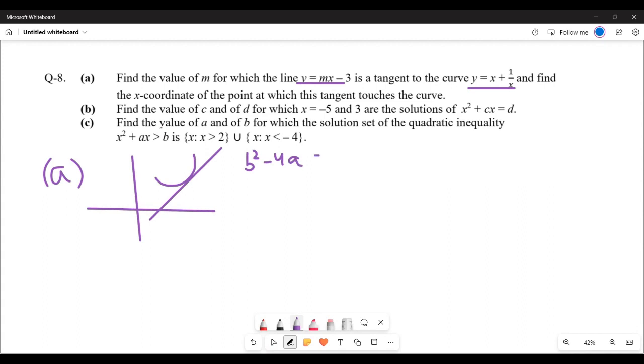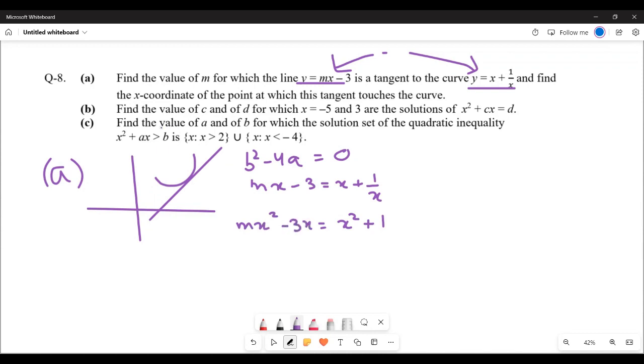Yes. Okay. So let's merge these two equations. We're going to equate them: mx minus 3 equals x plus 1 by x. So x square plus 1. I'm sending x to the other side, mx square minus 3x.